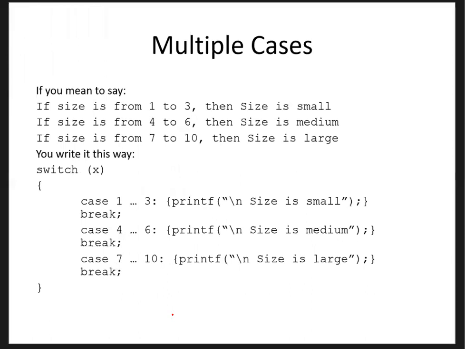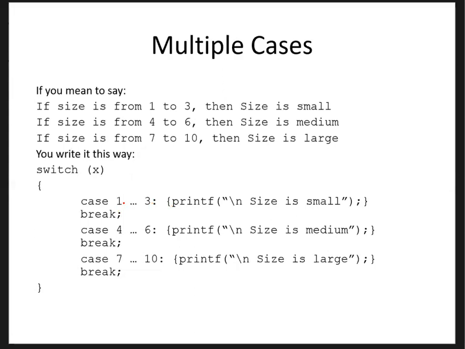Let's say, if the size is from 1 to 3, then the size is small. If the size is 4 to 6, then it is medium. If the size is 7 to 10, then the size is large. So let's say switch x, and then it will say case 1 to 3.